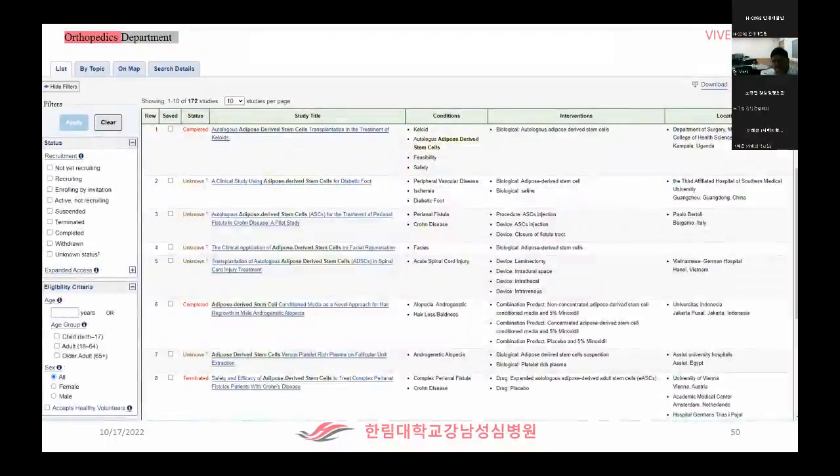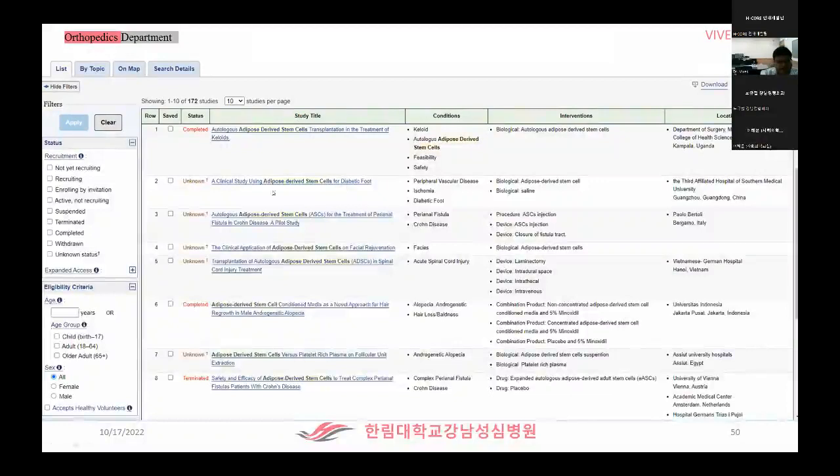Here, I just try to share a very important feature: clinical trials registered for using adipose-derived stem cells, and I just used the filter for those used directly as a therapy.